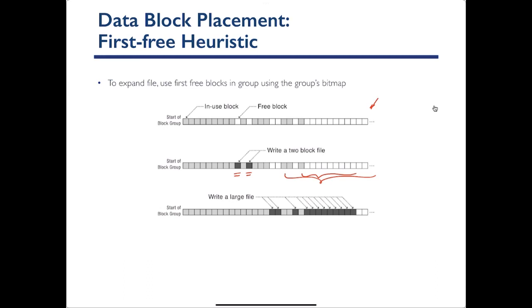So you're starting from the beginning of your list and finding holes. You will end up keeping all these empty blocks at the end. And if you have a really big file, that comes in handy, because most of the free blocks are at the end. You can use them all for this big file that you want to allocate and write.